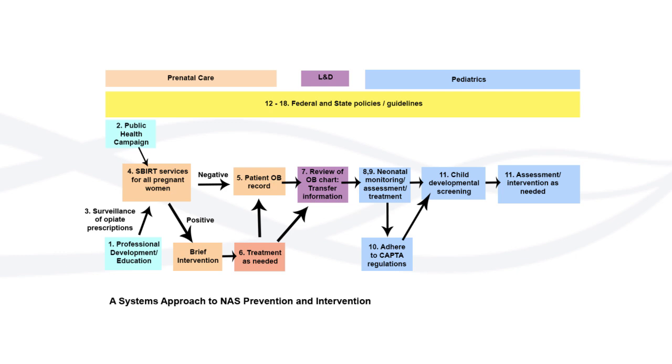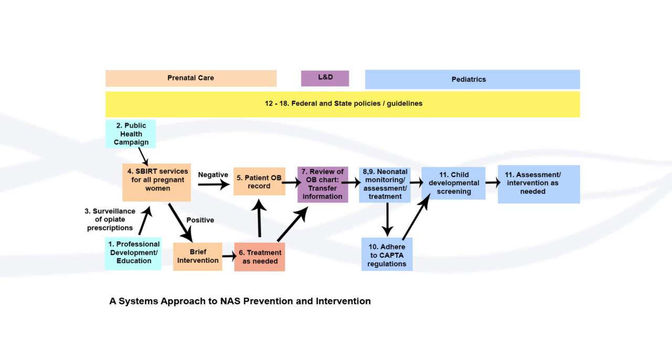If the screen is negative, then that information should also be recorded in the patient's obstetric chart, as well as all referrals to treatment and the needs for treatment. Importantly, one of the biggest barriers to the care of infants with neonatal abstinence syndrome is the lack of information transfer from the obstetric to the pediatric care providers.